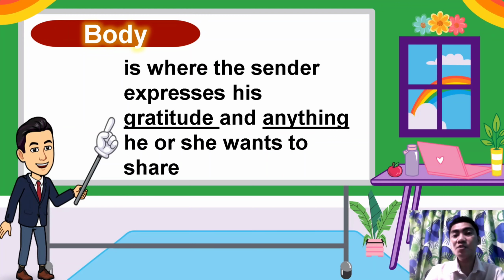So this is where you can write anything you want to say to your receiver, to your friend, to your parent, to your classmate, to your teacher. If you are writing an excuse letter to your teacher, you may write everything you want to say, why you are excusing yourself from attending your classes in the body.